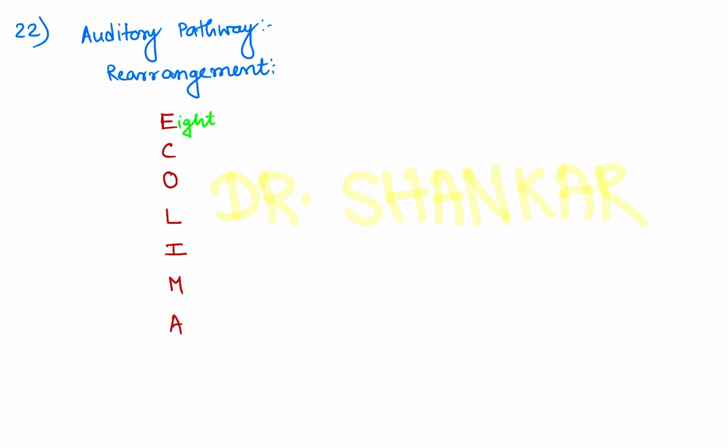E for 8 nerve or vestibulocochlear nerve. C for cochlear nuclei. O for superior olivary complex. L for lateral lemniscus.